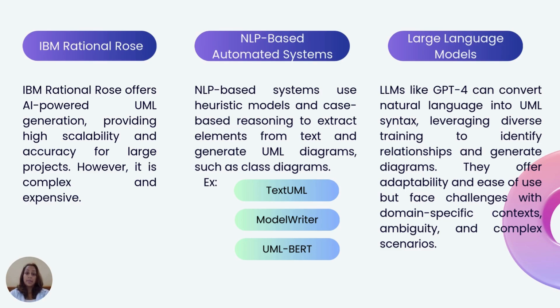Next, we have LLMs, large language models, such as GPT-4, which can convert natural language into UML syntax, identify relationships and generate the diagrams. They offer adaptability and ease of use, but face challenges when it comes to domain-specific contexts and also complex scenarios.